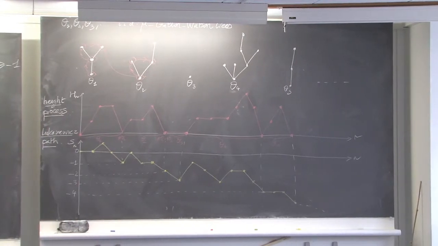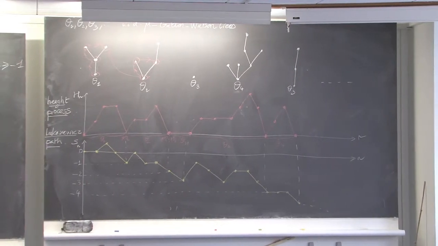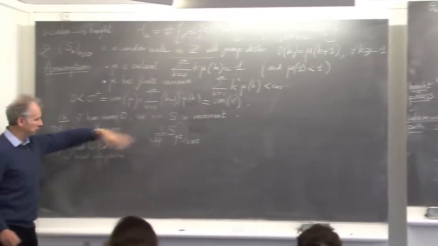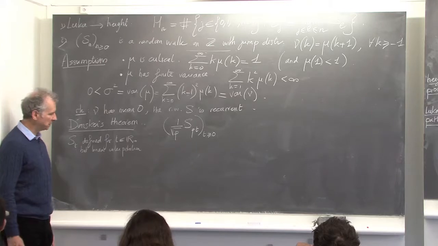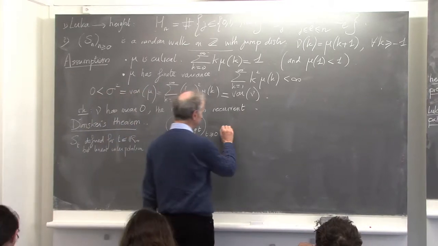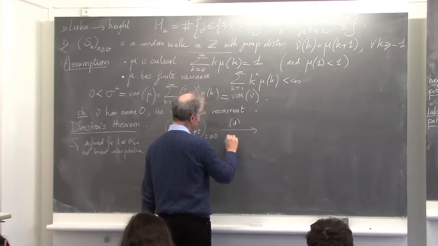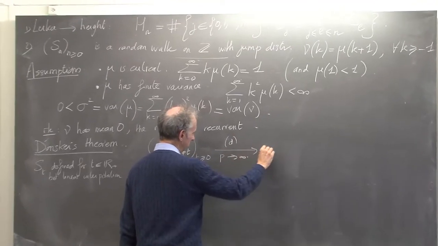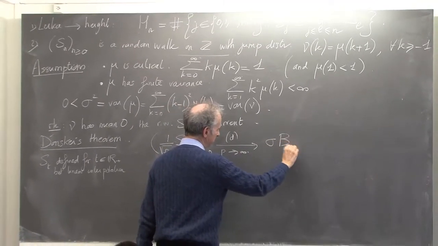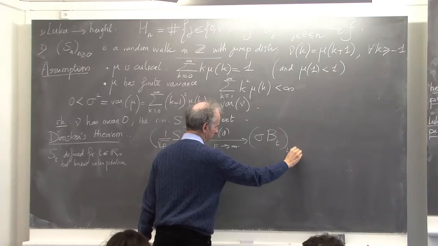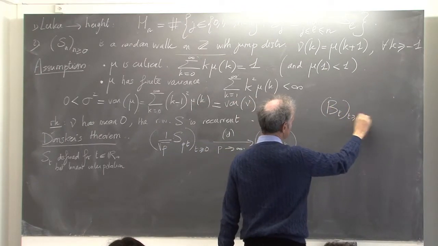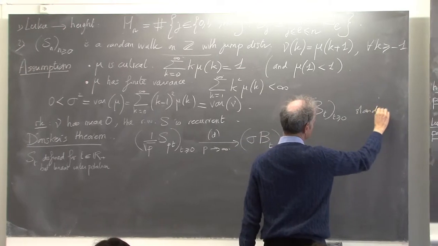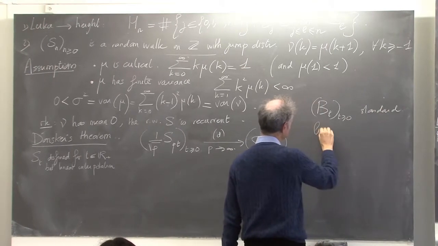And I will do that each time it's necessary to extend the discrete function to real values of the parameter. So Donsker's theorem tells you that this converges in distribution, as p tends to infinity, to sigma times B_t, where B is a standard linear Brownian motion.